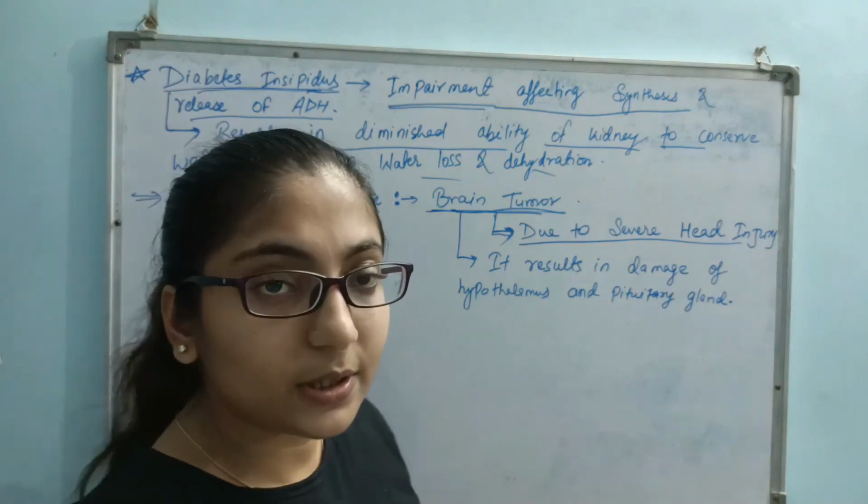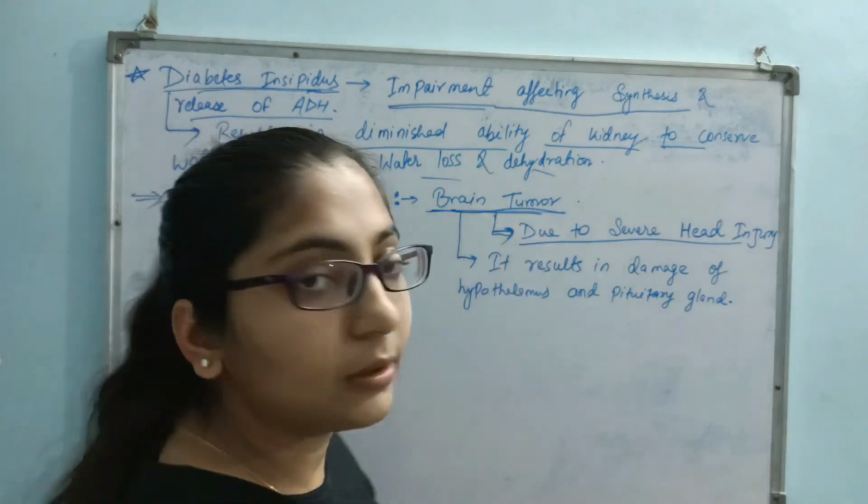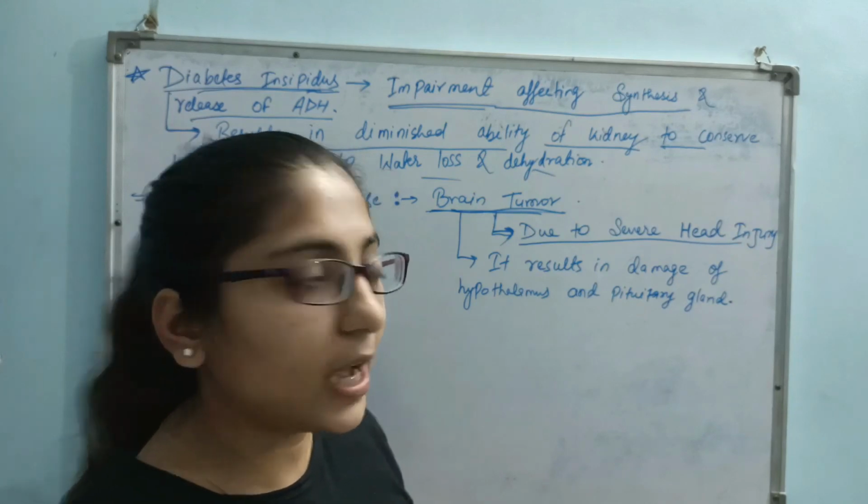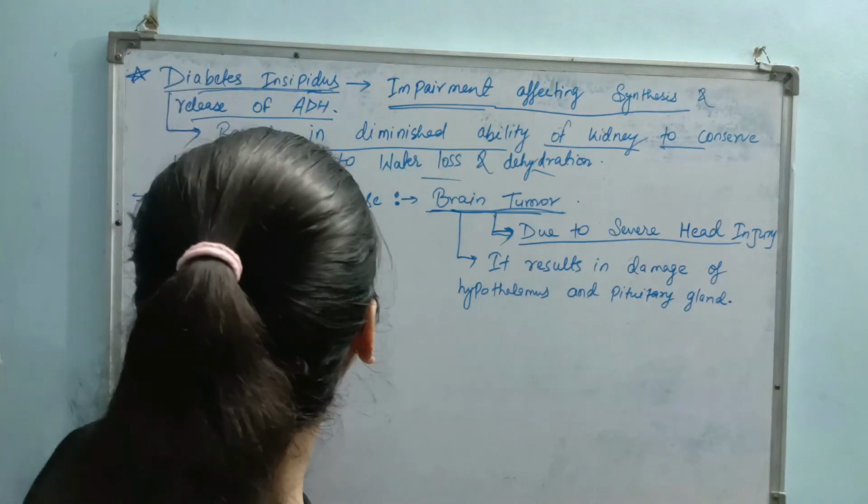So if a person is suffering from brain tumor, then there is a chance that the person might be suffering from diabetes insipidus.